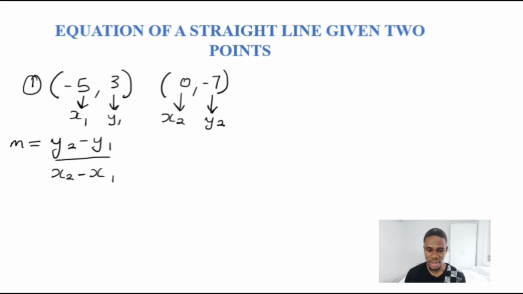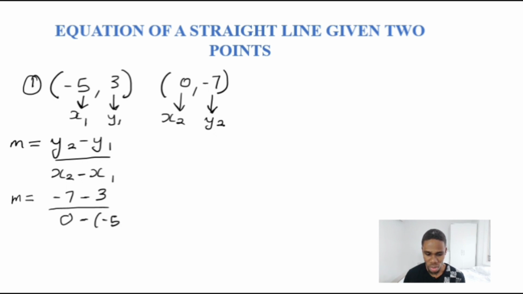So inserting these points into the formula for the gradient, we have m to be y2 is -7 minus +3 divided by x2 is 0 minus x1 is -5.